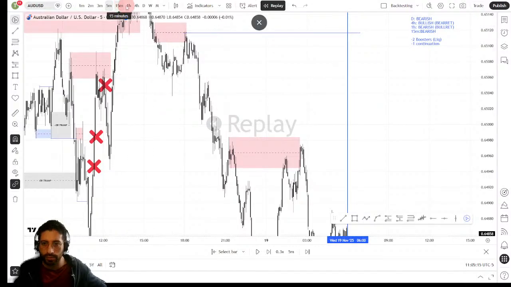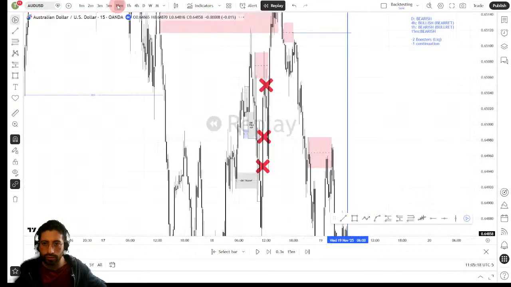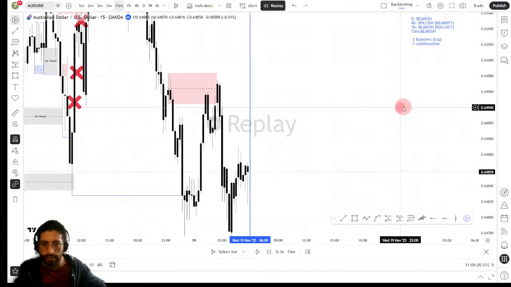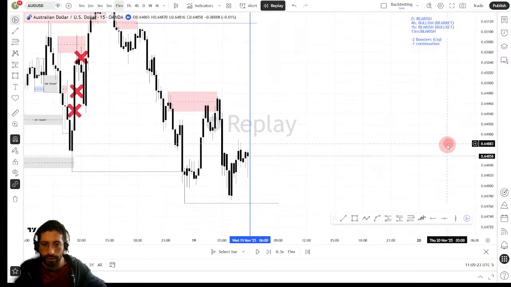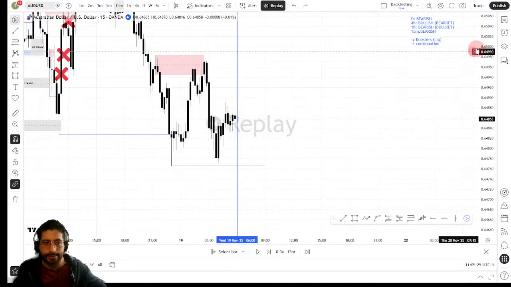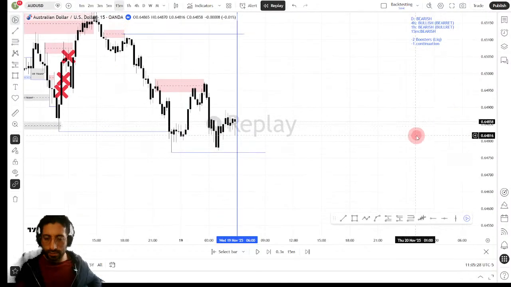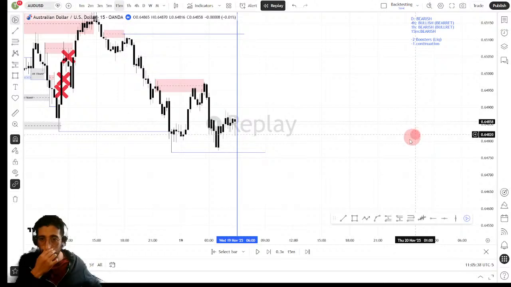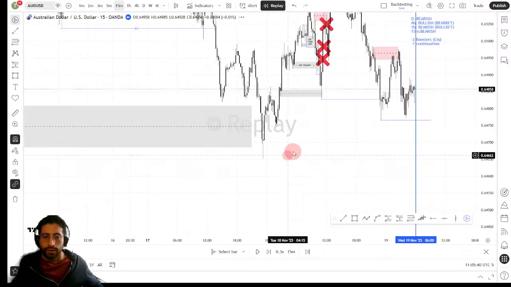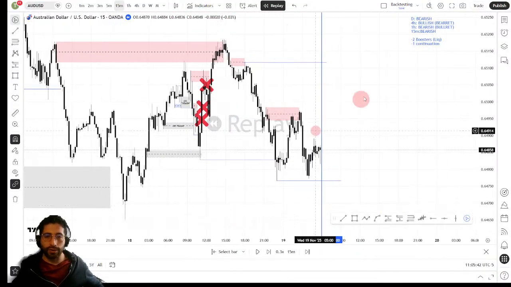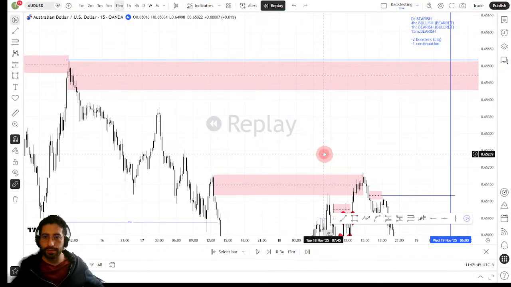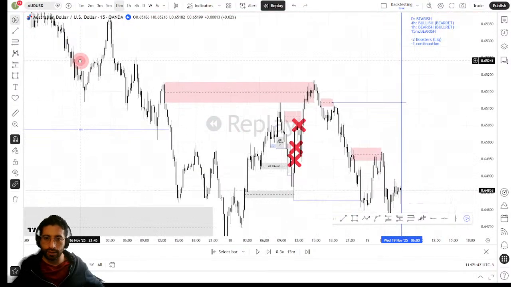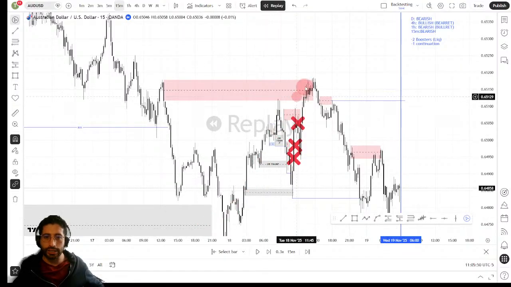Let me check one thing before we continue. 15 minutes. All right, sometimes at this point we don't know what the price would do. What we have so far is that we are in a 15 minutes bearish impulse. This is a 15 minutes impulse. It made a retracement in 15 minutes as well.